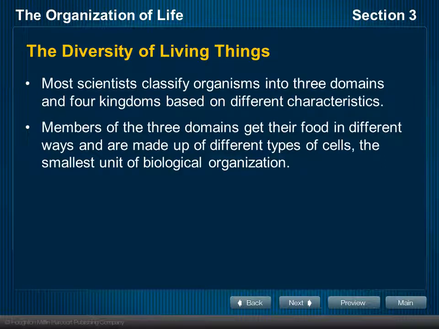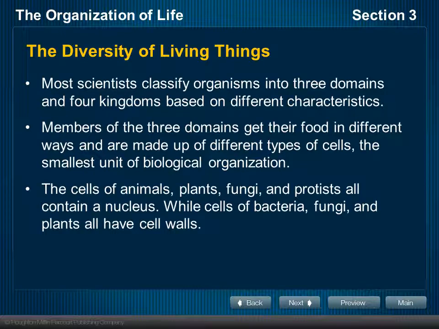Members of the 3 domains get their food in different ways, and they have different types of cells. The cell is the smallest unit of biological organization. We recognize the cell to be the fundamental unit of life. And we are going to have to understand that animal cells, plant cells, fungi cells, and protists all have nuclei.